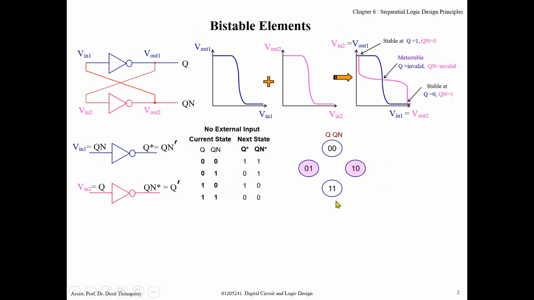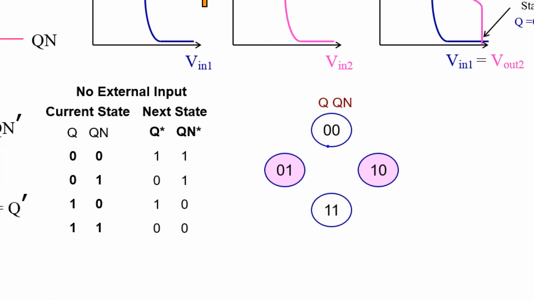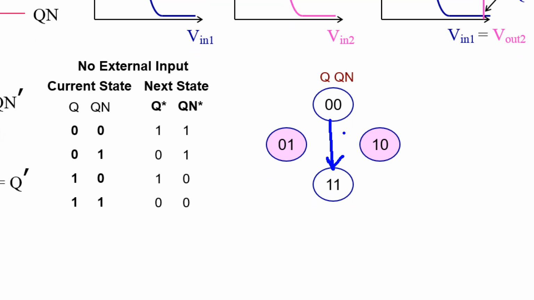For more detail about 0, 0 to 1, 1 or 1, 1 to 0, 0, consider 0, 0 to 1, 1 first.